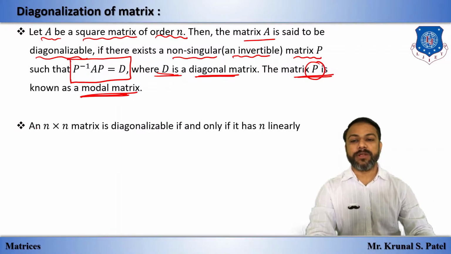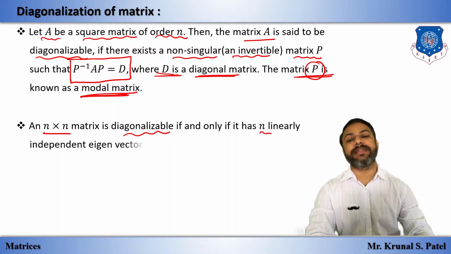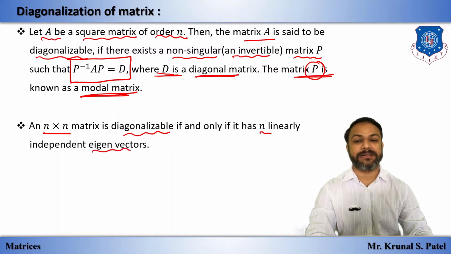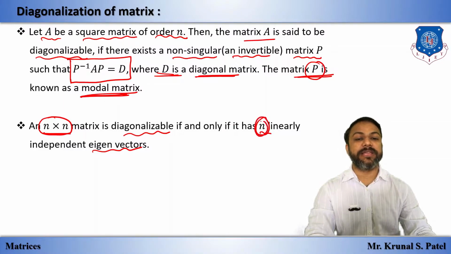An n cross n matrix is diagonalizable if and only if it has n linearly independent eigenvectors. That means if the matrix is of order 3 cross 3, then we need 3 eigenvectors.